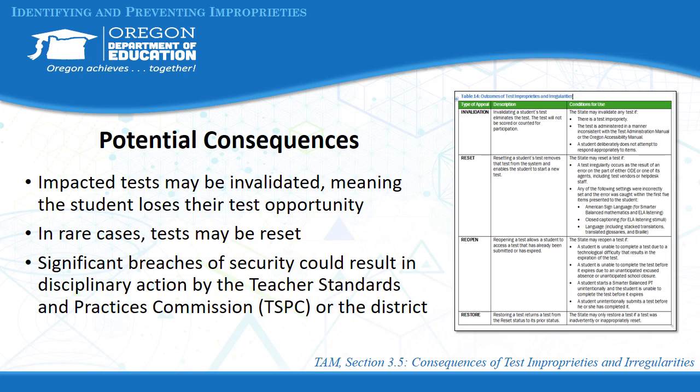Under certain conditions, as described in Table 14, it is possible that a test may be eligible to be reset, reopened, or even that there is no impact. As mentioned earlier, allowing a student or students to continue testing before the appropriate outcome is determined may negatively impact the options available, even eliminating the possibility of resetting or reopening a test.